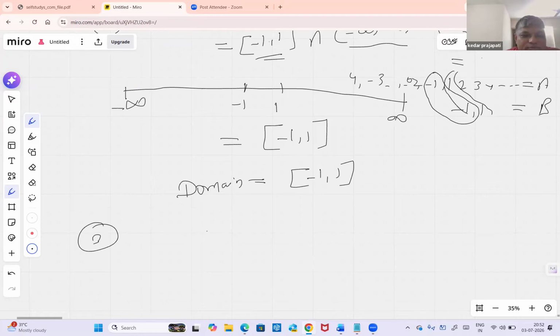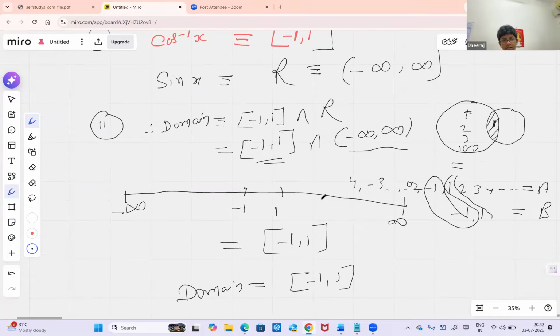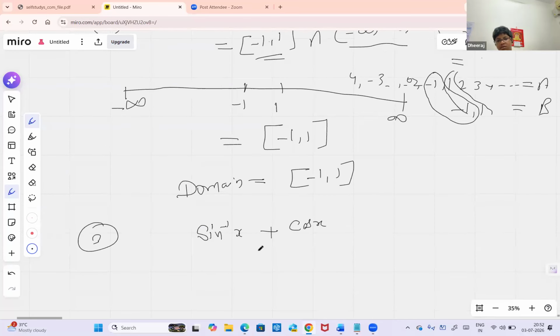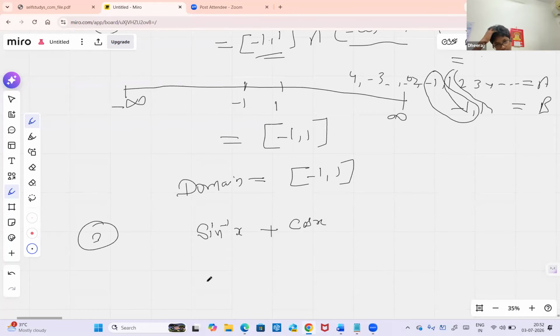Suppose sine inverse x is there, plus cos x is there. Now the question is changing. Find the domain.